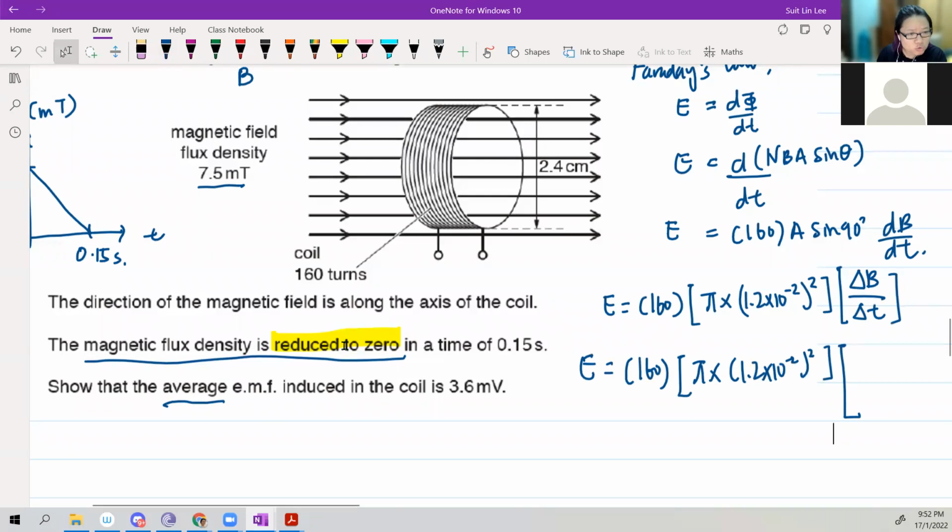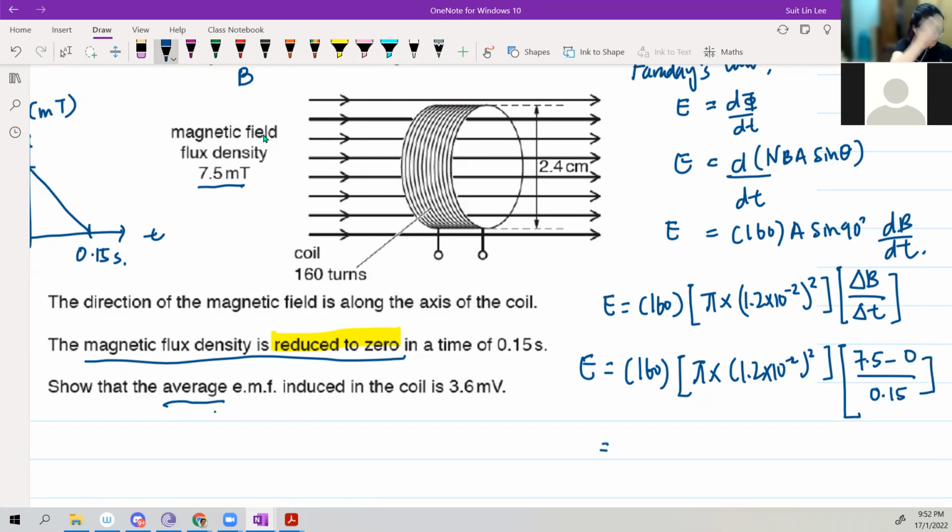So if reduced to 0 from 7.5 means I will take 7.5 minus 0. Teacher, I'm looking for magnitude, not direction. Okay, so you want to put 0 minus 7.5 also can, you want to put 7.5 minus 0 also can. I just want the magnitude, so I'm just going to use the big number minus the small number. Right, the time taken is 0.